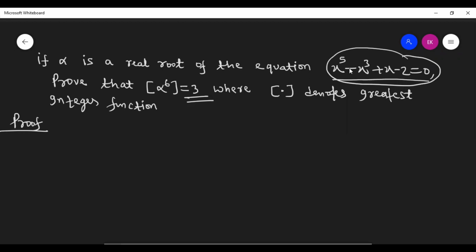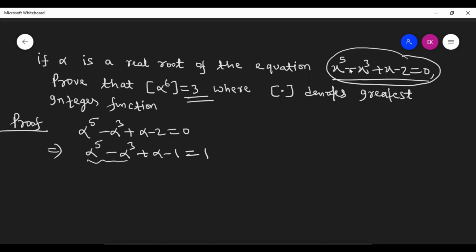Suppose that alpha is the real root of this equation, then we can write alpha to the power 5 minus alpha cube plus alpha minus 2 equals 0. So alpha to the power 5 minus alpha cube plus alpha minus 1 is equal to 1.